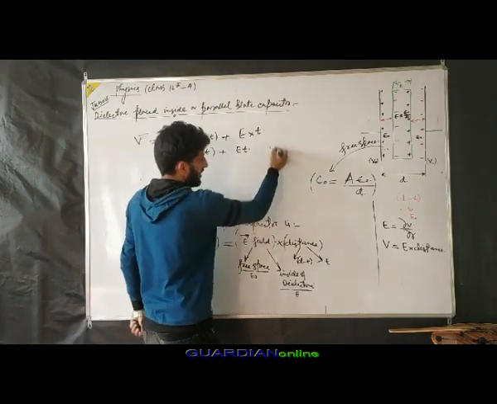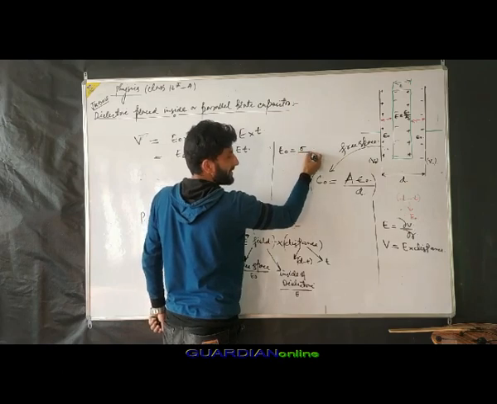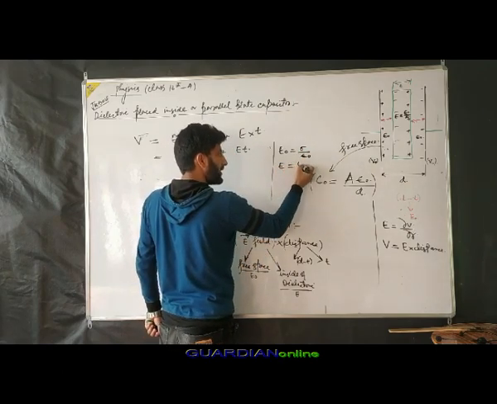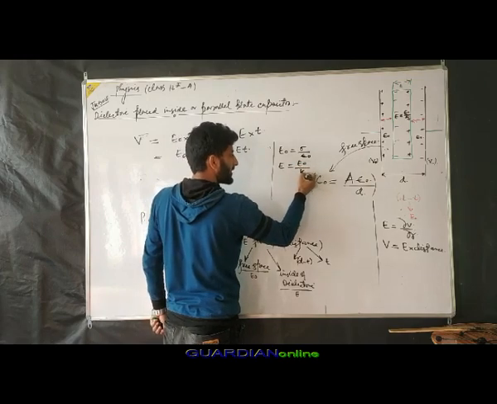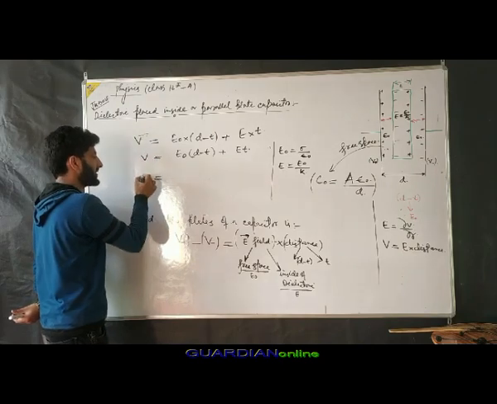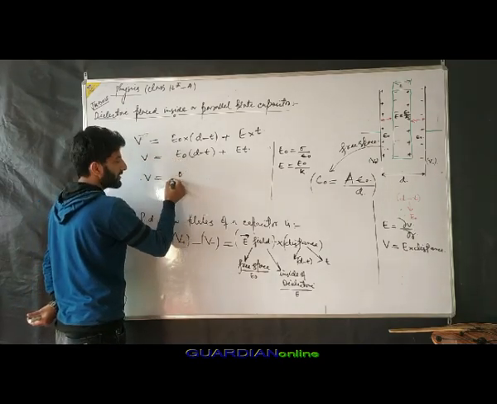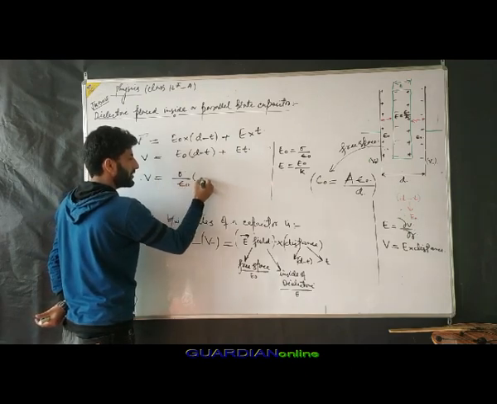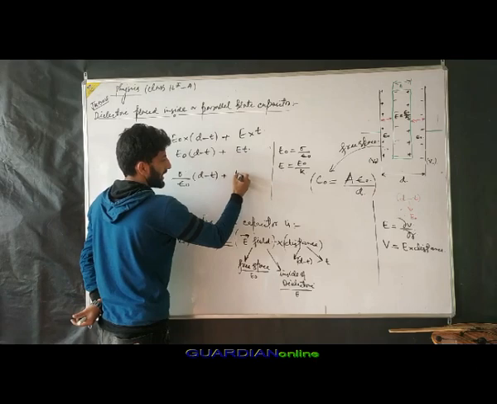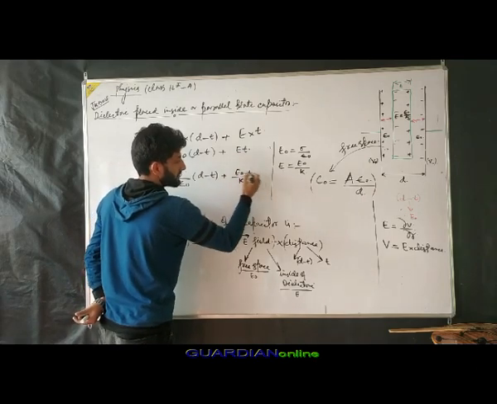Use E naught, which is sigma divided by epsilon naught, and use E, which is equal to E naught divided by K. Very simple. So this potential difference V is equivalent to sigma divided by epsilon naught into D minus T, plus epsilon naught divided by K into T.